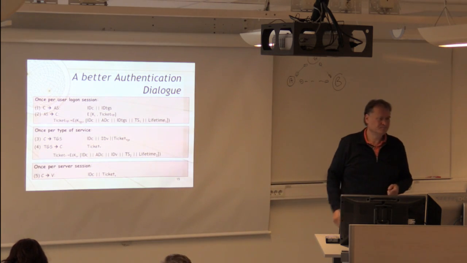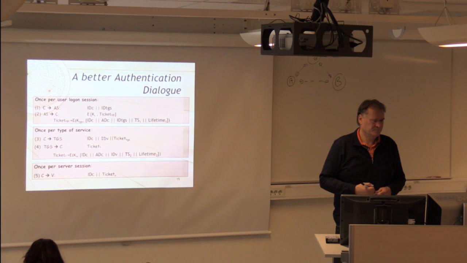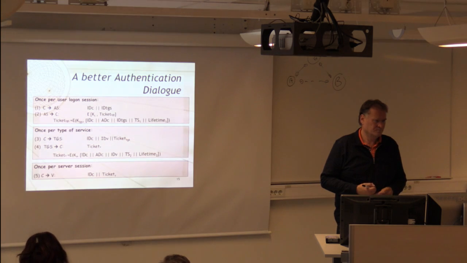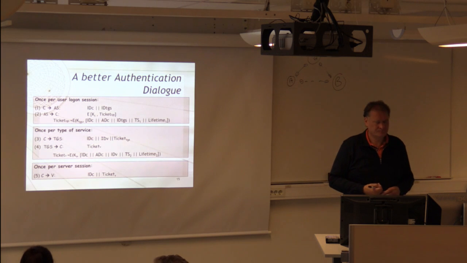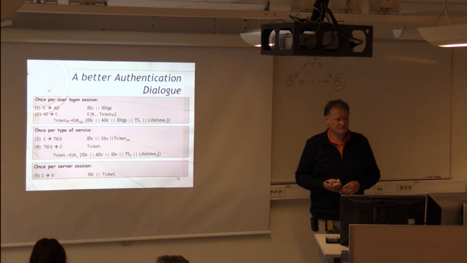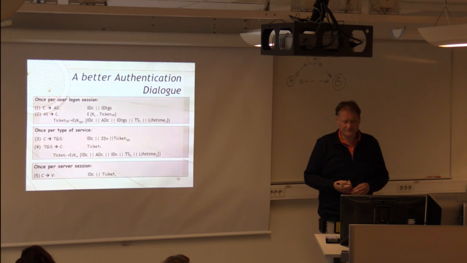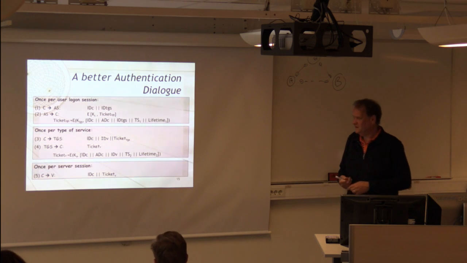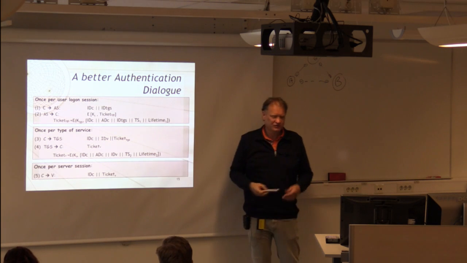Yes? You said on the first step, it's not a problem that this ID is not encrypted. But the attacker can know the routine of the user. Like, this user usually accesses this server at this time. Yeah, that's true. The information here in the first exchange is not encrypted.